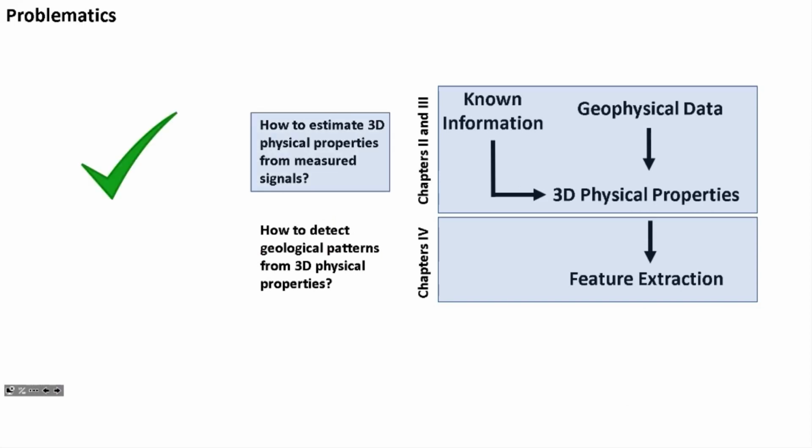Therefore, we address the first question through cooperative inversion of DC-IP and magnetic data. In Chapters 2 and 3, the next important question is how to detect geological patterns from the estimated 3D physical properties. We present a solution for this in Chapter 4 through a statistical feature extraction method using independent component analysis.